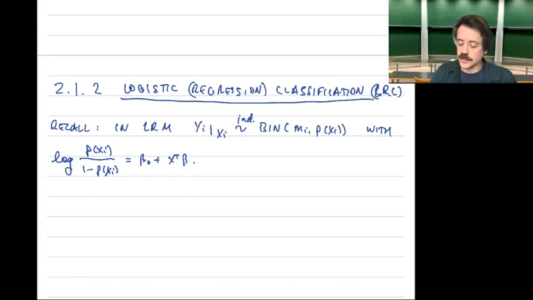So then let's think about when that is classifying into one or the other class. Let's first fit the parameters and then see what happens.